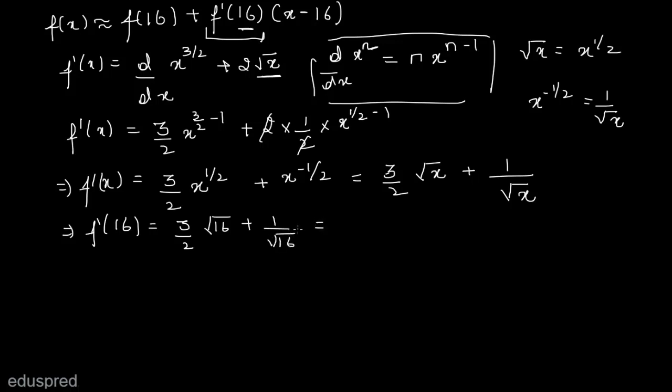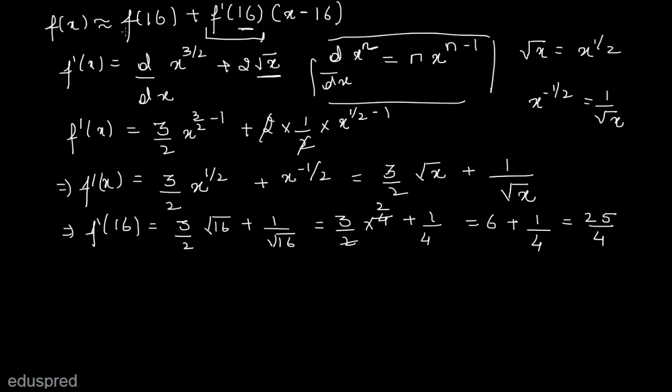We know that √16 is equal to 4. So this would become (3/2) multiplied by 4 plus 1/4. This 2 and this 4 get cancelled. This gives us 6 + 1/4, which is equal to 25/4.